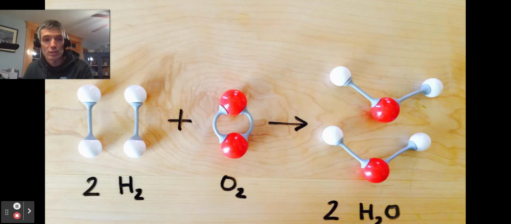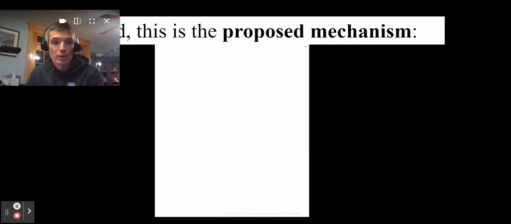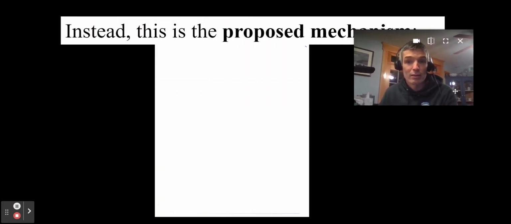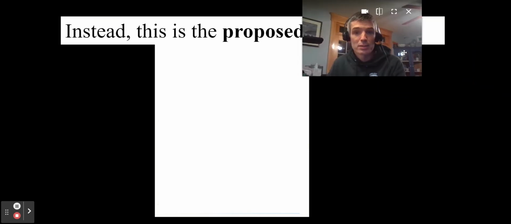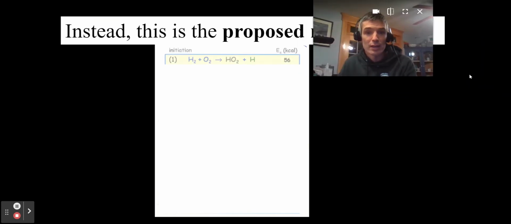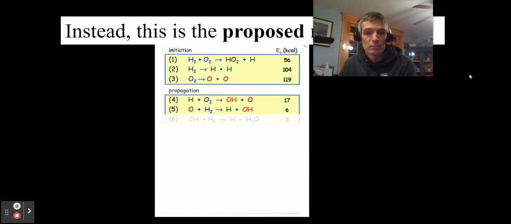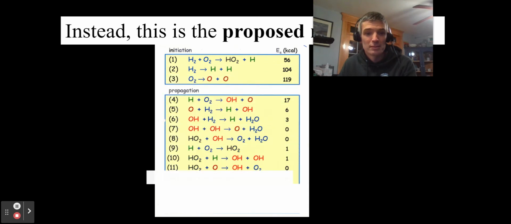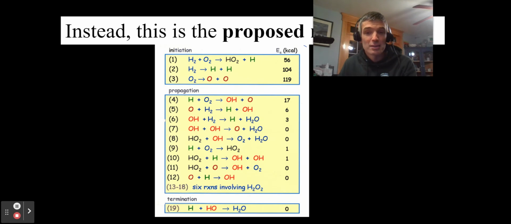It's an incredible reaction. However, if you were to break this down into steps, here's what it looks like. There are 90 different steps for this to actually happen. It's pretty radical, and I know it happens super fast. However, that's how it breaks down. This is a proposed mechanism.